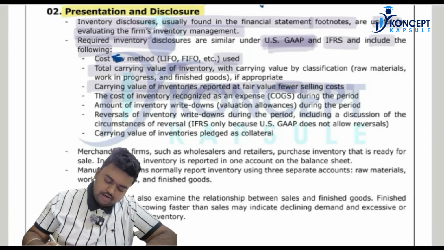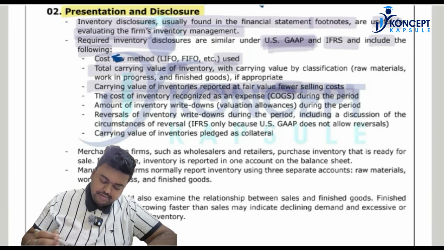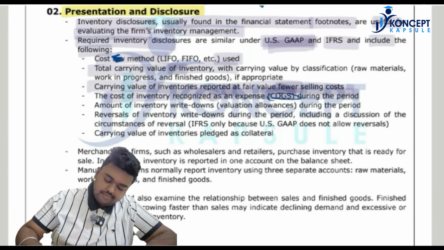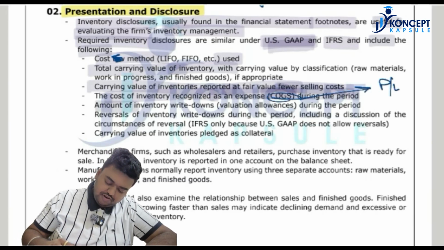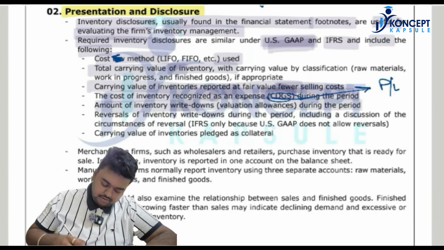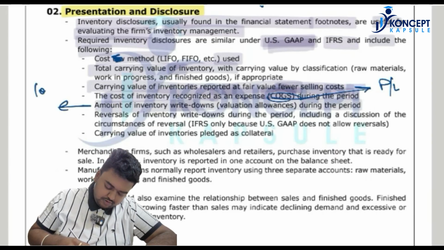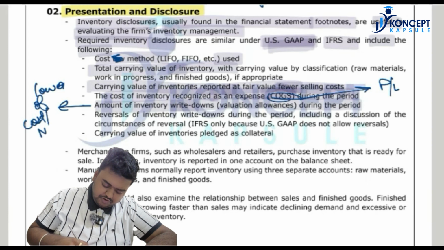Cost of inventory recognized as an expense during the period, basically COGS. COGS is reported in P&L. Amount of inventory written down during the period, basically lower of cost or NRV, where NRV was lower.